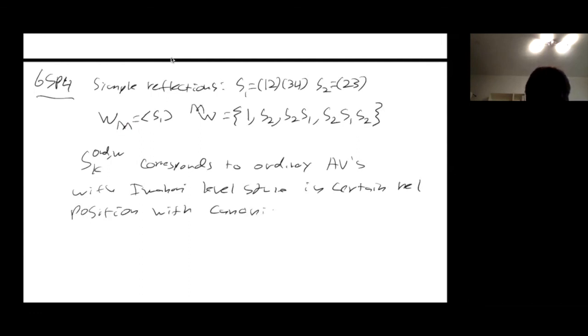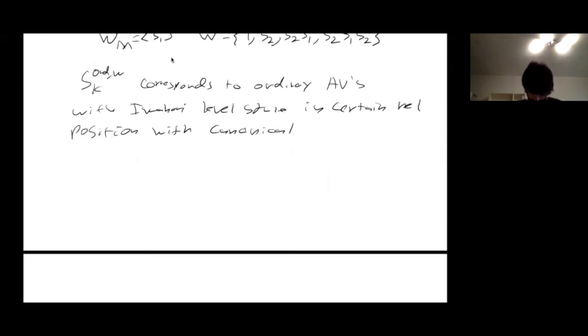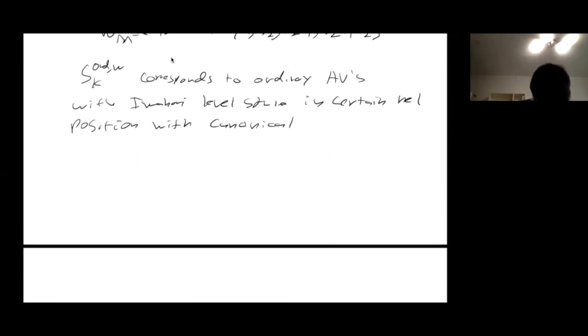And this element W is just telling you what the relative position is. So let me just even make that more concrete by telling you how it works. So let me draw a table. Well, I'm going to actually be drawing lots of tables.